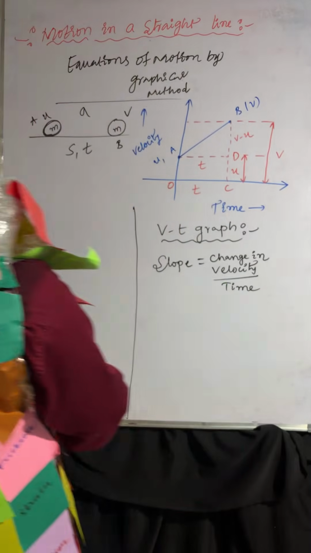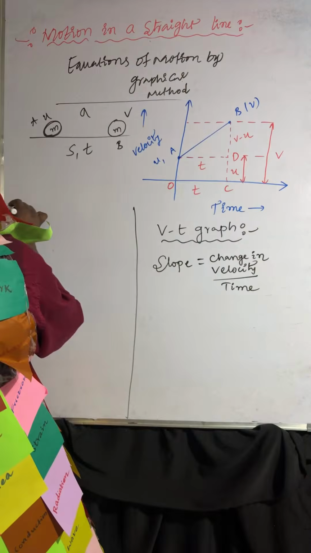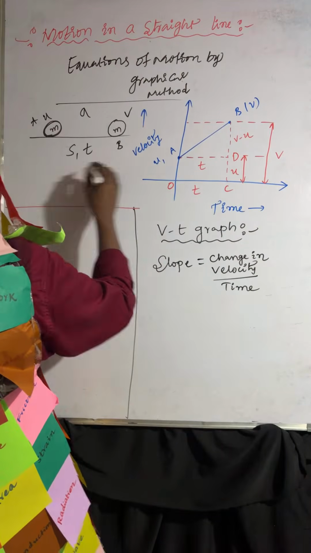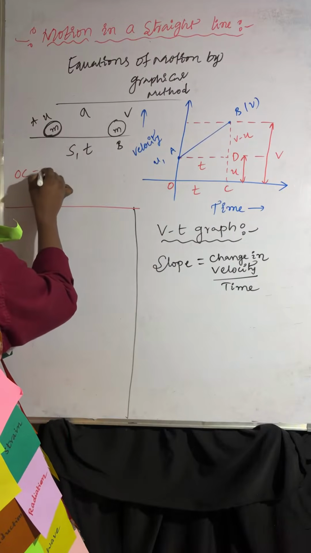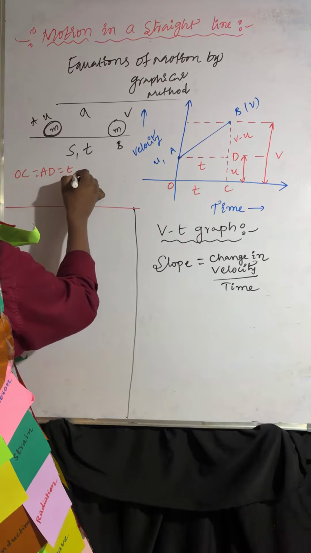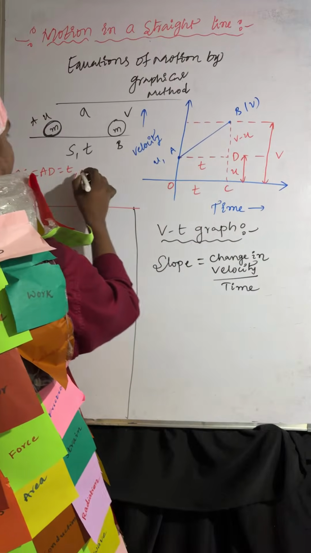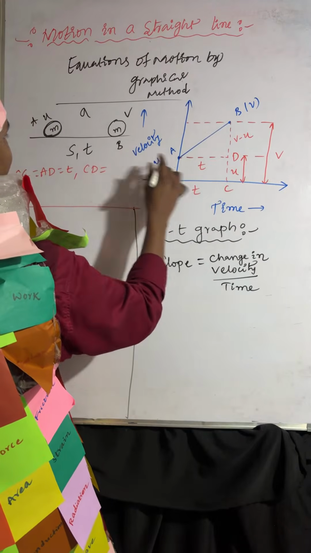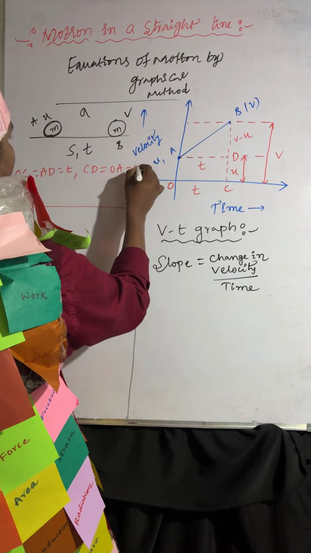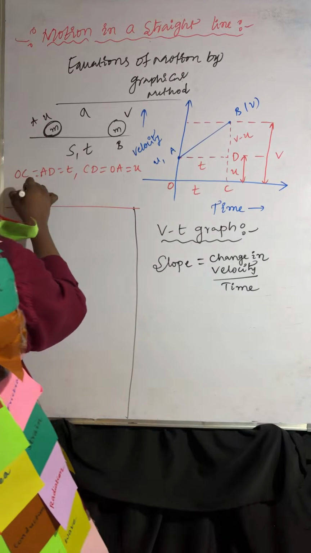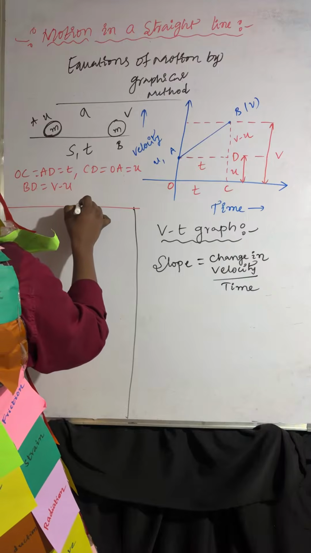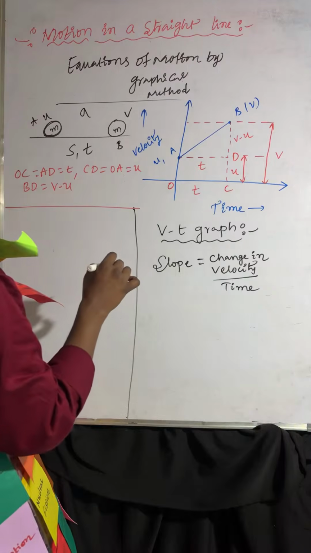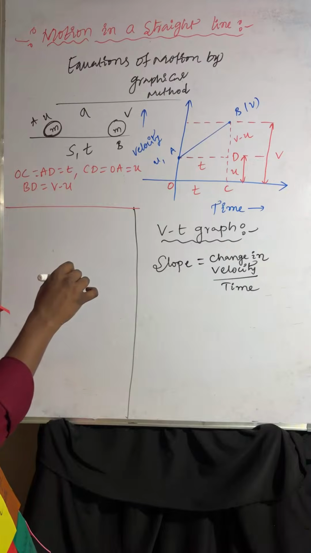Here you can see OC equal to T, CD and OA equal to U, and BD equal to V minus U, right? So these are the terms.